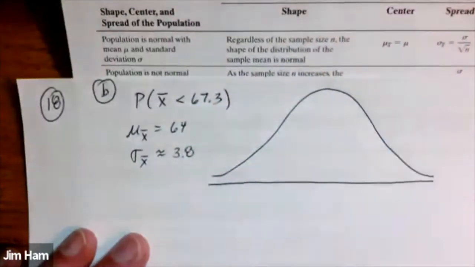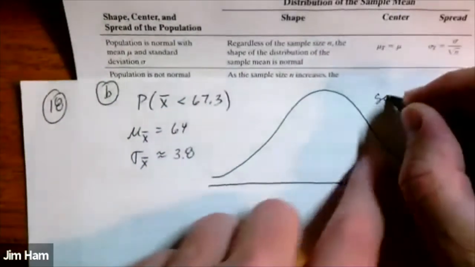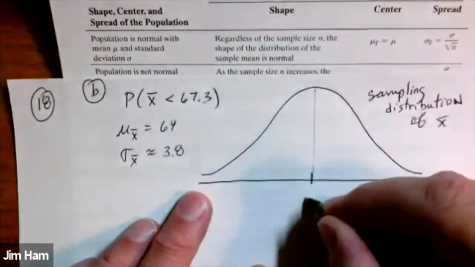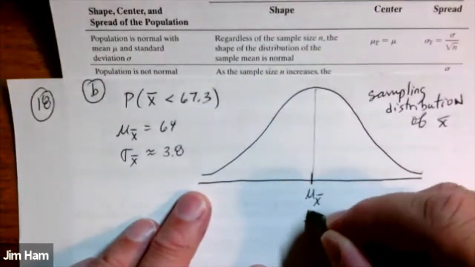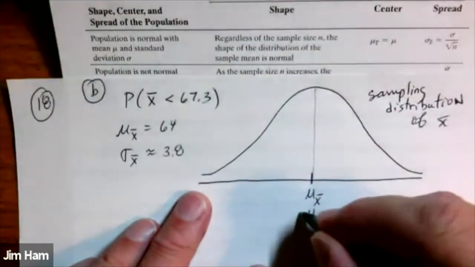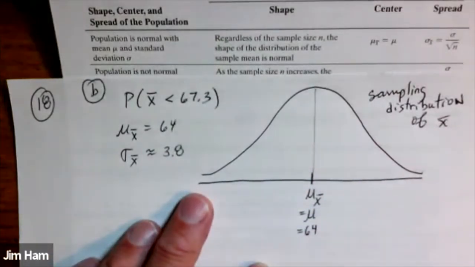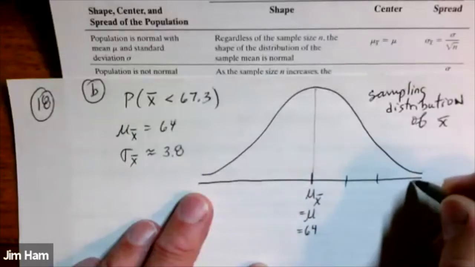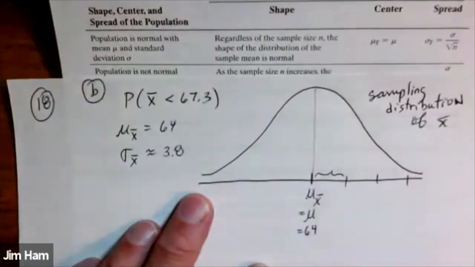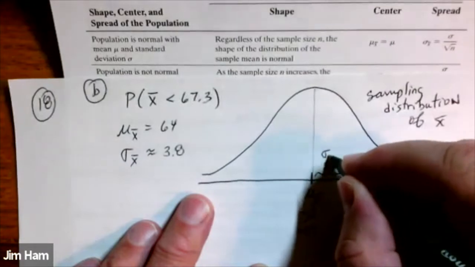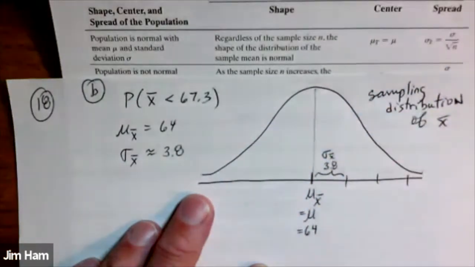We know that the sampling distribution is approximately normal, where the mean of the sampling distribution is equal to the mean of the population, and in this case that is 64. And the standard deviation is 3.8. And again, this is the standard deviation of the sample mean that we call the standard error.